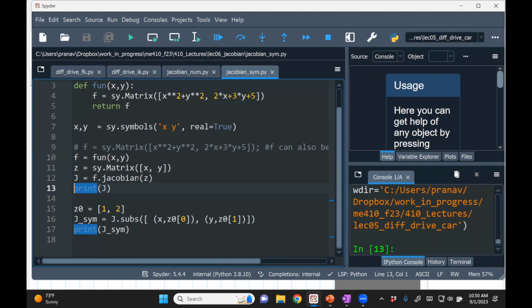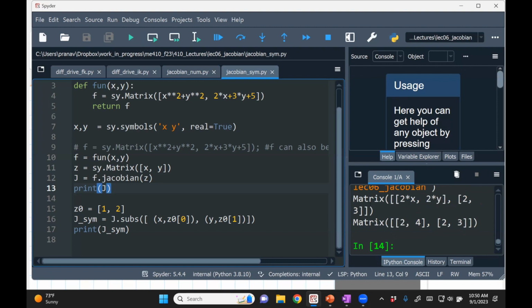So I say f.jacobian(z), which basically computes df/dq, where q is z. Running this, you'll see the output here. The matrix is 2x, 2y, 2 and 3, the same thing I wrote down. And then if you want to substitute the values 1 and 2, this is how you do it. It gives me 2, 4, 2, 3, the same thing which I wrote down there.